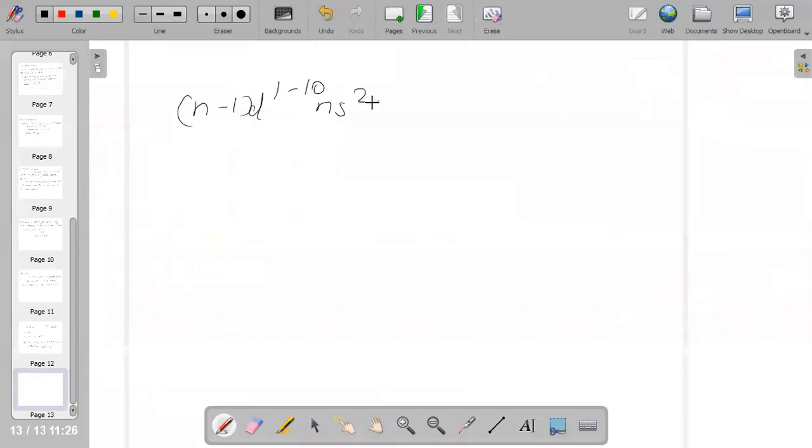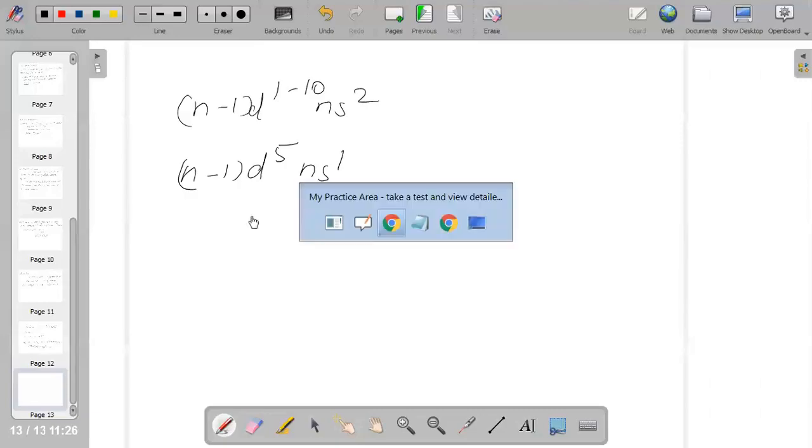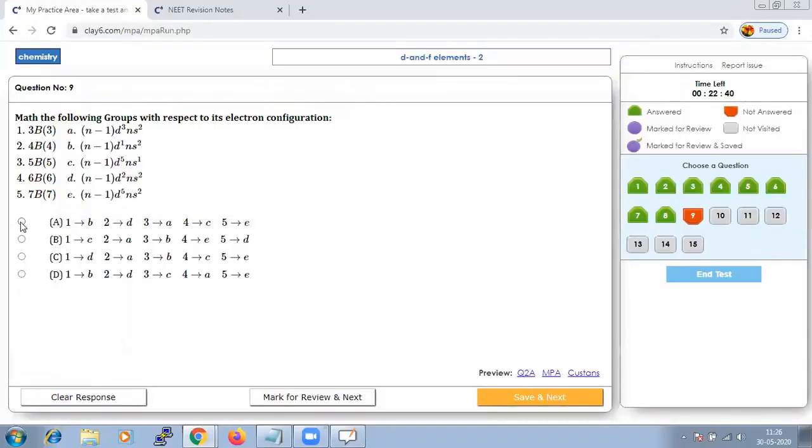So group 6 elements will basically have the electronic configuration (n minus 1)d5 ns1. So based on the given elements, we can do the electronic configuration and choose the option. And here option A will be the right one. So let us save that and go to next.